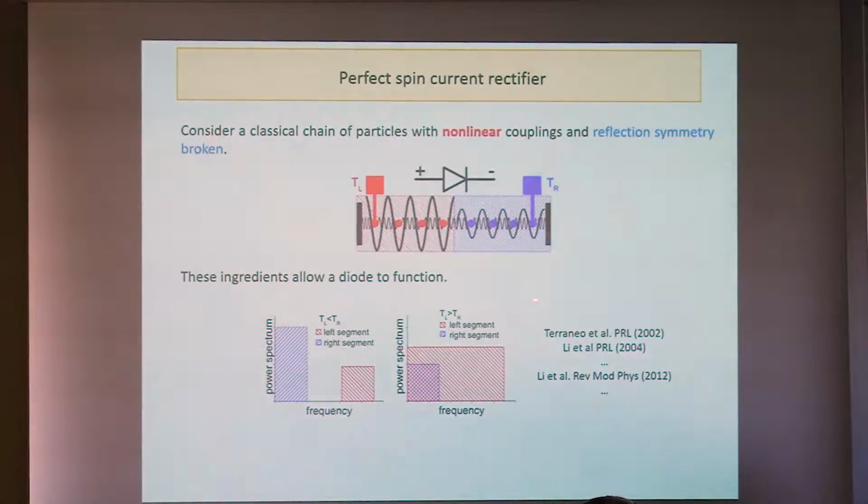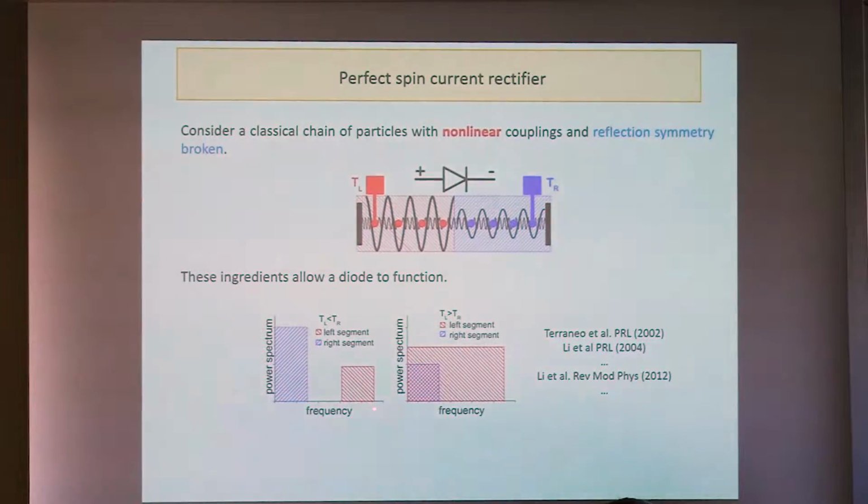There have been a number of other interesting works, and there is a review here by various authors, including Li and Liebauer, 2012. And there, the idea that tries to explain what happens here is that you look at the power spectrum in the two halves of the chain, and you see that the response is very different whether you are at high temperature or low temperature.